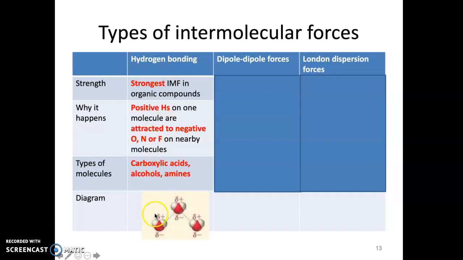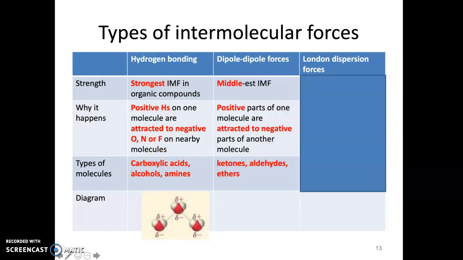And dipole and hydrogen bonding are going to look very similar. The only difference between them is that the hydrogen just makes it that much stronger of an intermolecular force. Okay? Dipole forces are the middle type strength of intermolecular force.